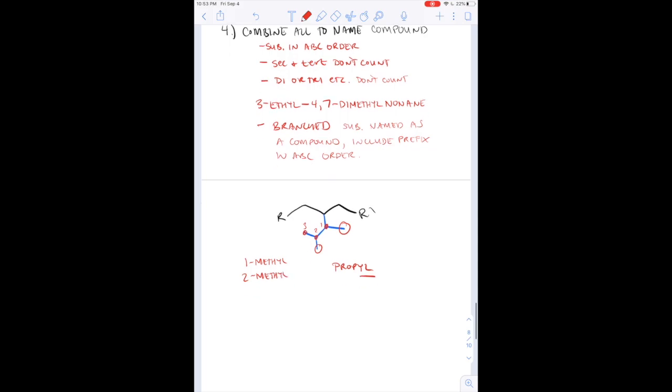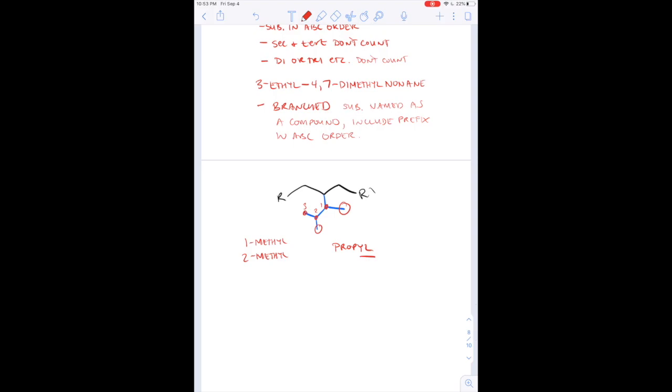Okay, so if we were going to name this particular compound by itself, we would say it's a 1,2, separating those numbers with a comma, and then a dash separating the number from the letter. And since there's 2 of the same, we do dimethylpropyl.